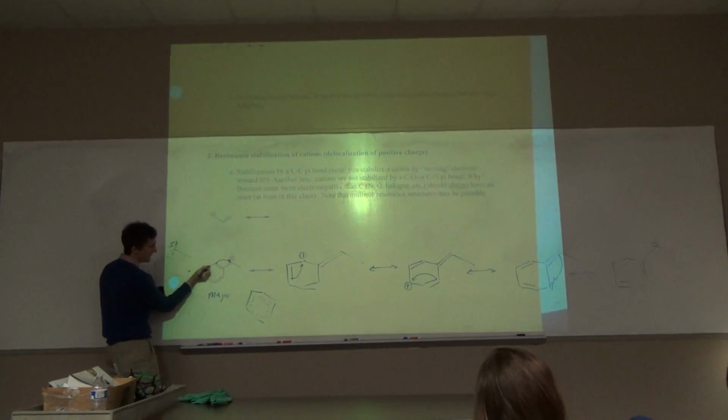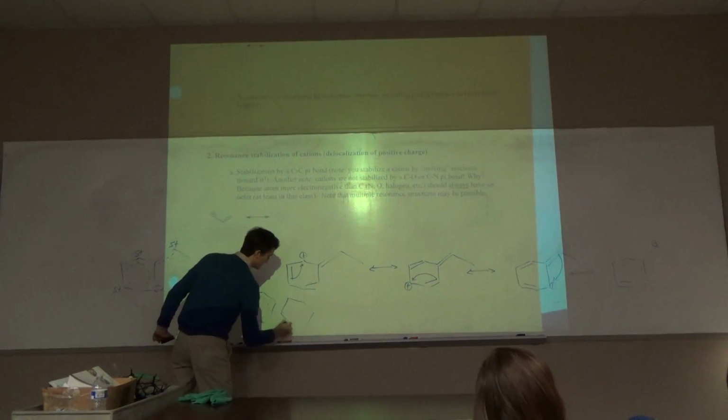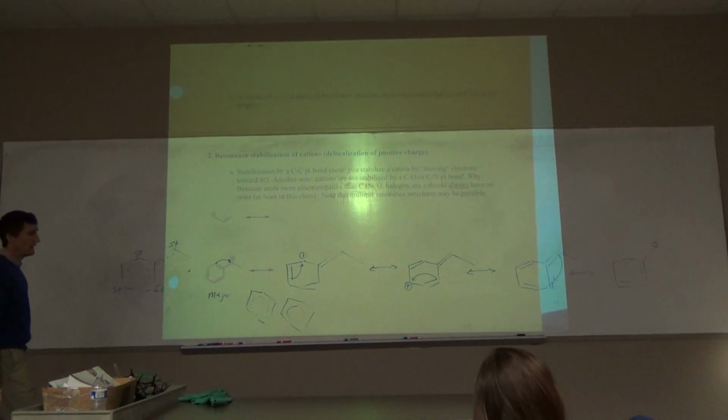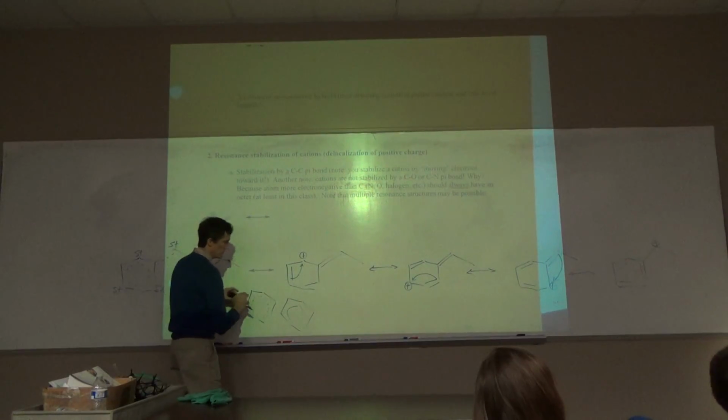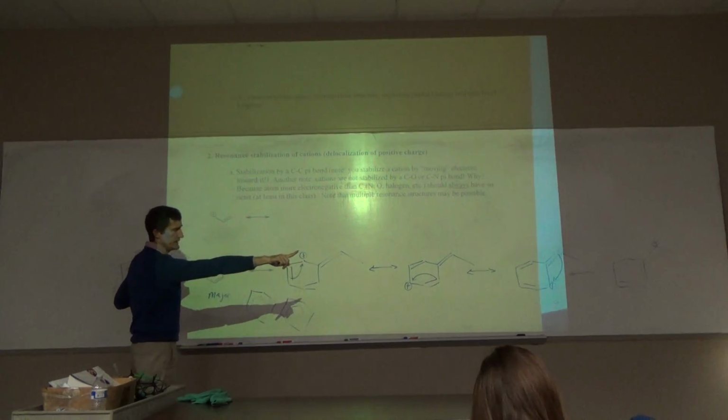Or you tell me there's no pi overlap here? Oh, there is pi overlap all the way around. And instead of drawing the dots, a lot of times a benzene ring is just drawn with a circle. I don't like to do this. But that's the only difference between the two on the end.